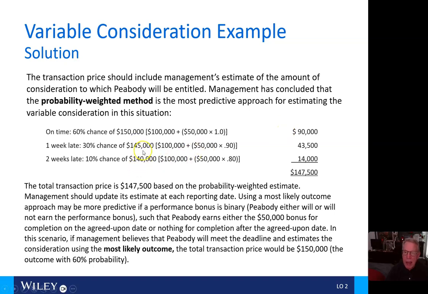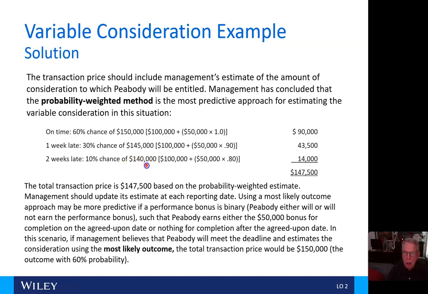If it's 1 week late, that 50,000 bonus falls to 45,000, and we think that's going to be a 30% chance. So we'll take 145,000 times 30%, which is 43,500. And if it's 2 weeks late, there's a 10% chance.